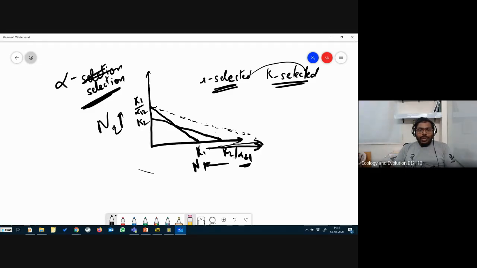A very simple way of doing it, see, as I said, is that this bit about increasing K is there if and only if this line needs to be kept straight. Suppose you don't keep this line straight, you basically curve it something like this.